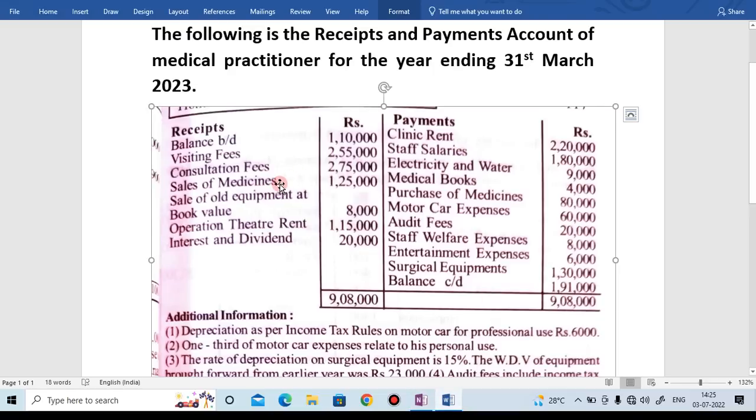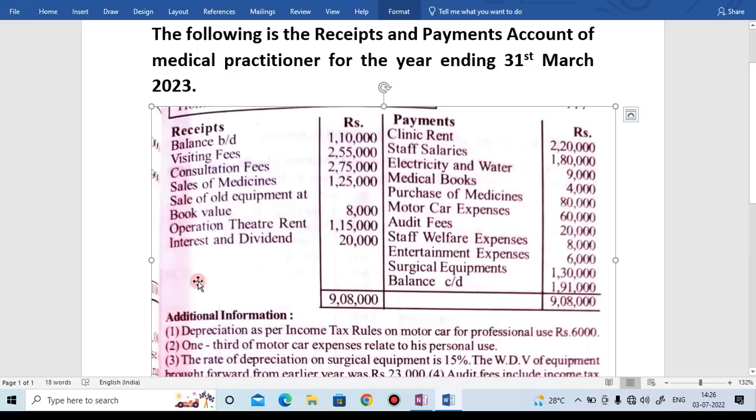Now see, these receipts and payments are related to medical practice, that means they are related to the doctor. So we need to take the professional receipts, meaning receipts which are related to medical things.